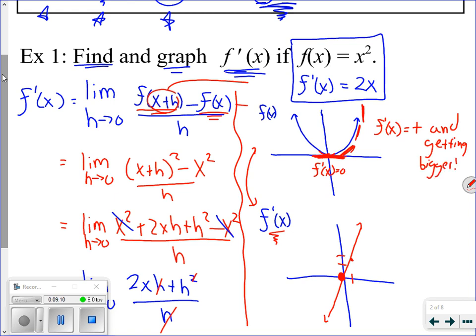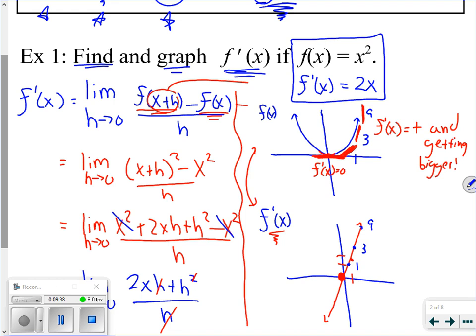Do we see that the slope of this parabola is getting steeper and steeper? So that means that the slope value is going to be getting larger and larger. Think about it. Let's say that this slope is 1, this slope is like 3, this slope is 9. Well, look on my derivative graph. This value is 1, this value is 3, this value is 9.